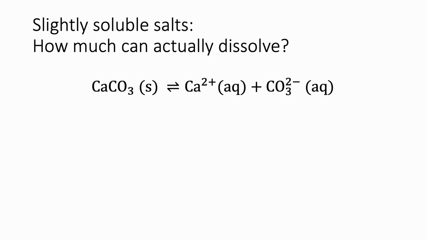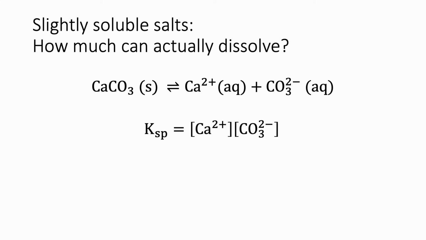So when people are talking about salts that are insoluble, what they're usually talking about is salts that are only a little bit soluble, just slightly soluble. We have an equilibrium again. And for every ionic compound, the question is how much of this will actually form ions, products, and how much will remain as undissolved solid.